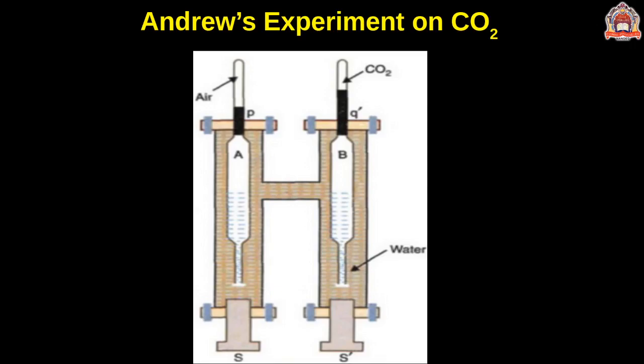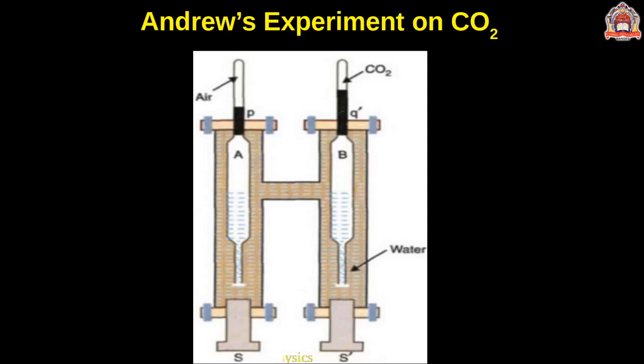Since the pressure of air in A and carbon dioxide in B are the same, from the volume of air in A, the pressure of carbon dioxide can be calculated, assuming air obeys Boyle's law.